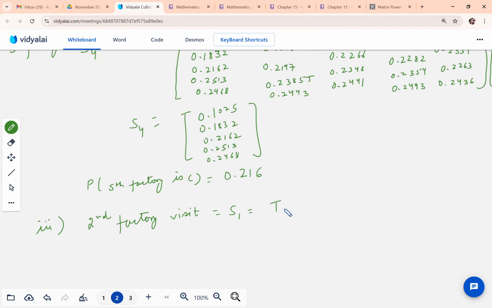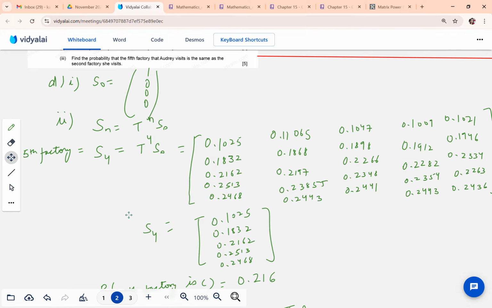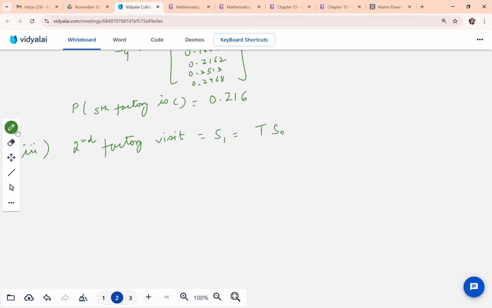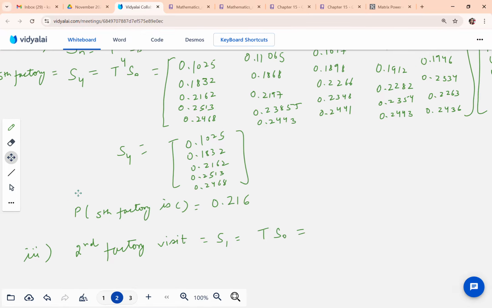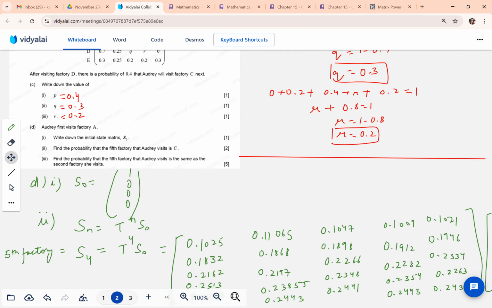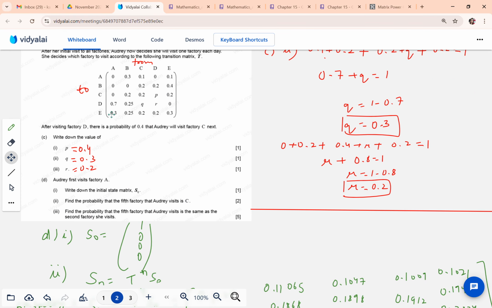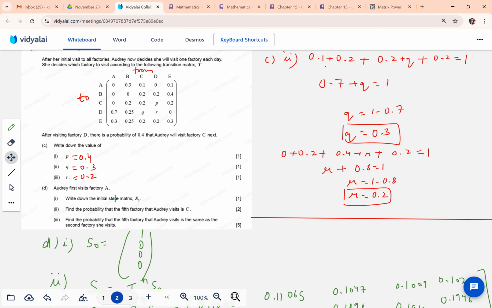S1 I will find, that is T times S0, right? I just plug in n as 1, so it becomes T^1, that is T times S0. So that will be equal to, again similarly you will perform the same calculation. T, you know the matrix that is already given to us, P, Q, R we have found already. S0 is 1, 0, 0, 0, 0.